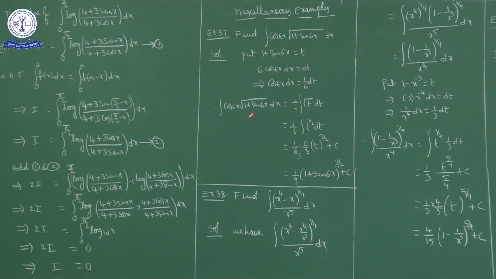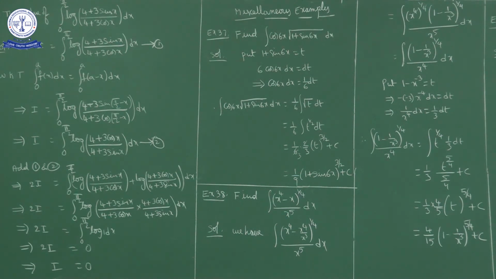So we have 1 by 6 into integral t power 1 by 2 dt. Integration of t power 1 by 2 is t power 3 by 2 by 3 by 2. This 3 by 2, if you write in numerator, we get 2 by 3. So 1 by 6 into 2 by 3 into t power 3 by 2 plus c. 2 gets cancelled, so we have 1 by 9 (1 plus sin 6x) whole power 3 by 2 plus c.